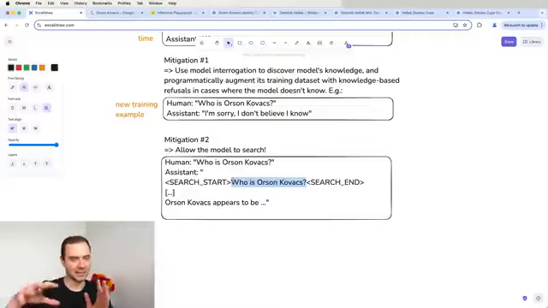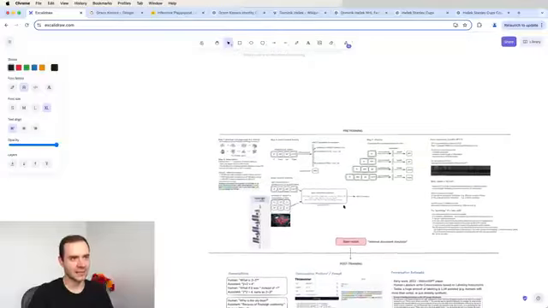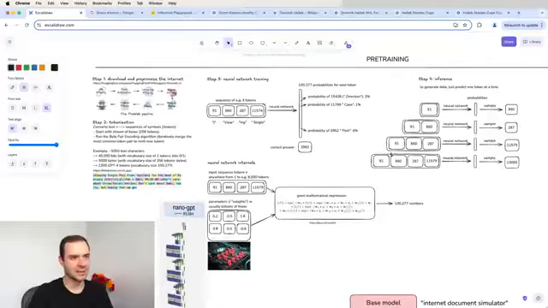It will maybe represent it again with some other special tokens, and it will take that text and copy paste it here into what I try to show with the brackets. So all that text kind of comes here, and when the text comes here, it enters the context window. So that text from the web search is now inside the context window that will feed into the neural network.